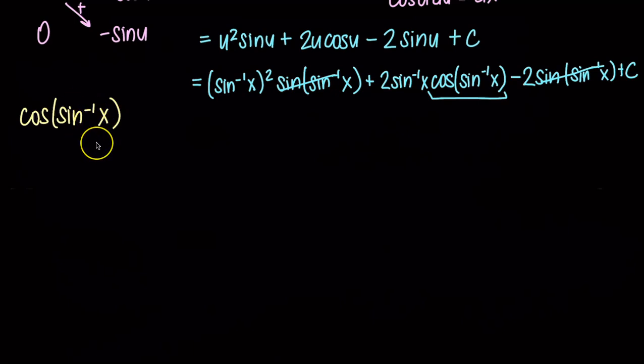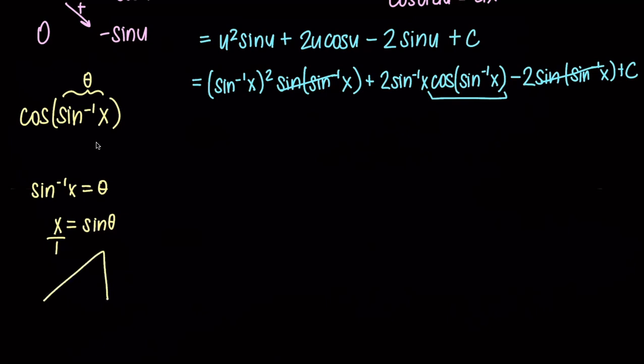So let's take a second and just say sine inverse of x is some angle theta. Okay, so sine inverse of x is equal to theta. Well, then if I take sine of both sides, I'm going to get the fact that x is equal to sine of theta, or x over 1 is equal to sine of theta.